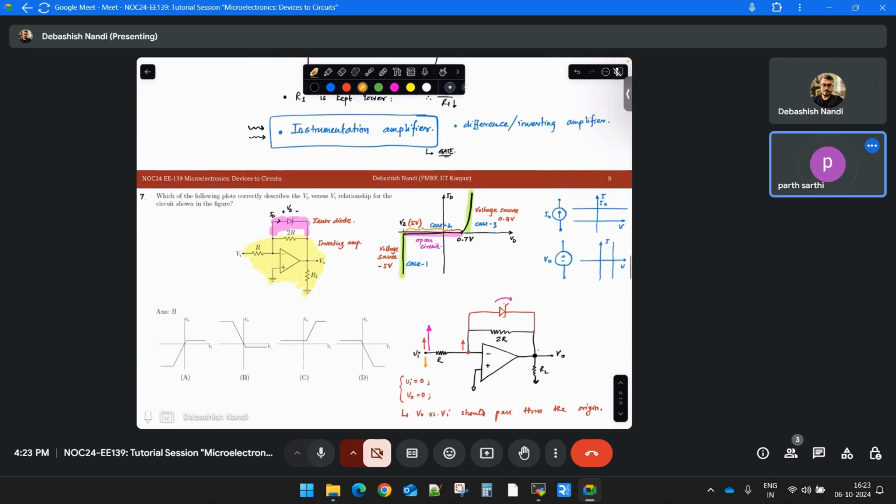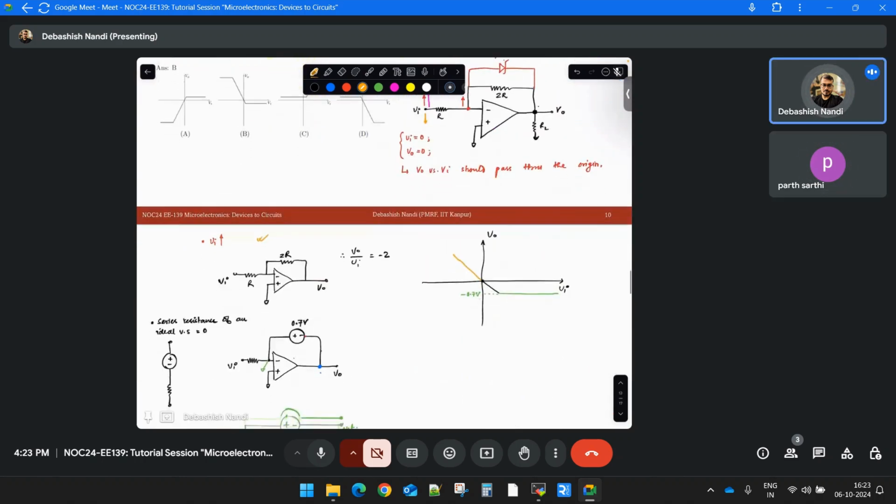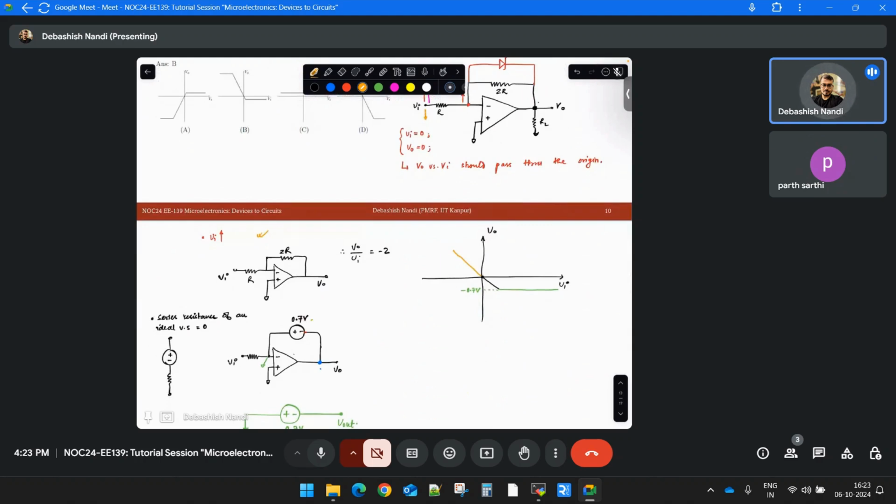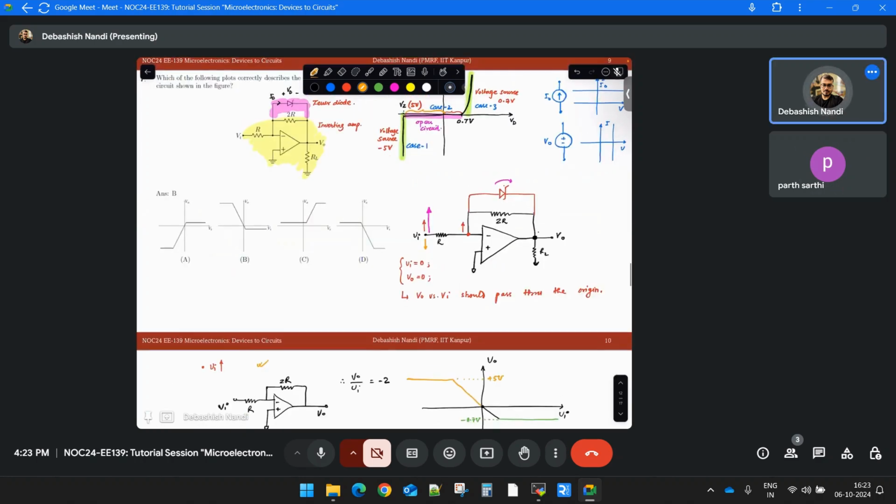And after that, when there is a minus 5 volt value of the voltage source, V out will again be saturated to plus 5 volt. So which kind of characteristics are there? This is crossing through 0, this is crossing through 0, this is crossing through 0. So this will be your correct option.